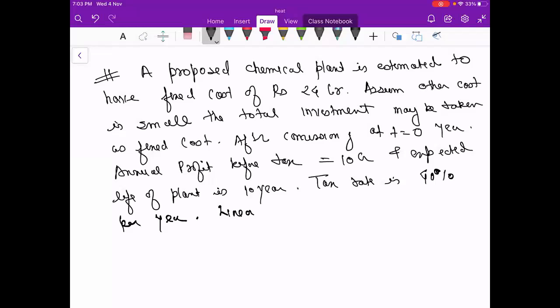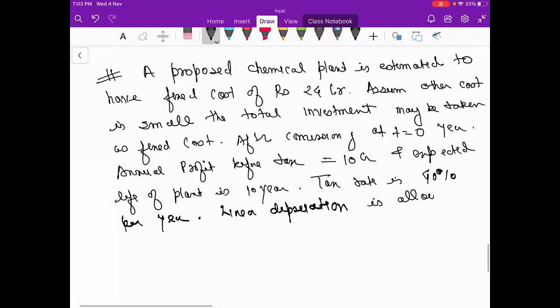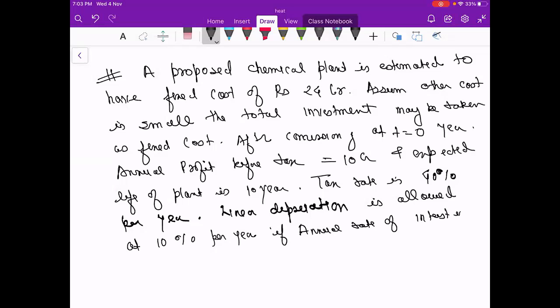Linear depreciation is allowed at 10% per year if annual rate of interest is 12%. Calculate the NPV of the plant.